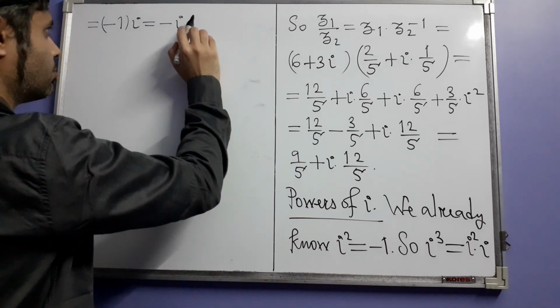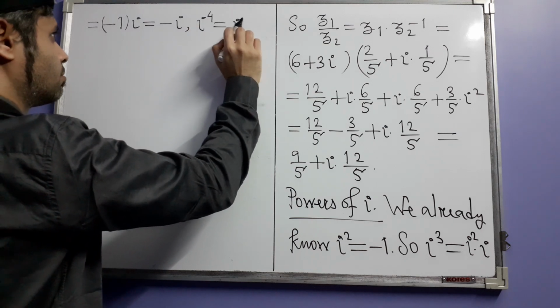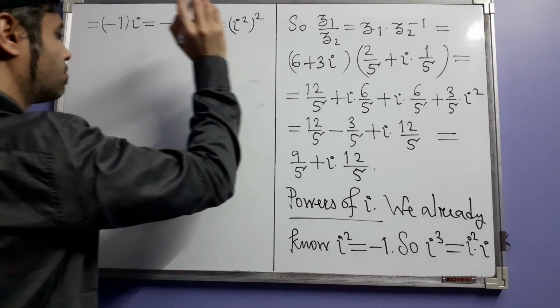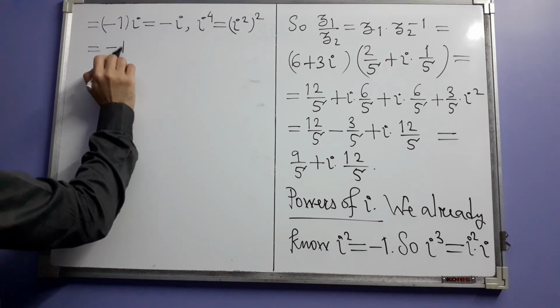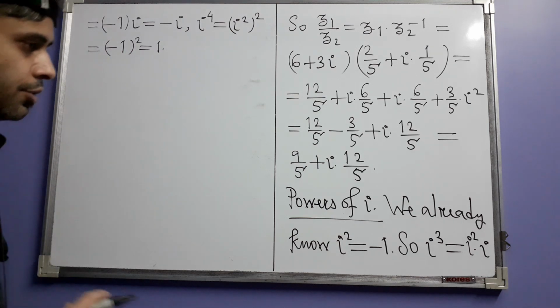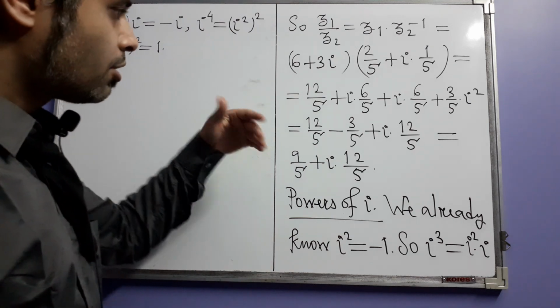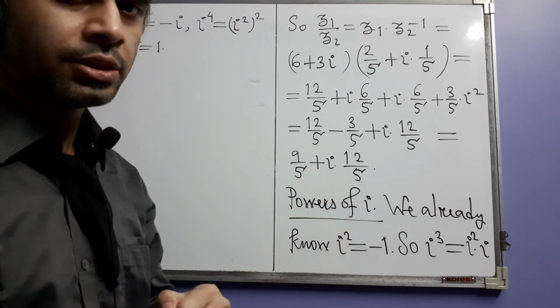Let us calculate one more power. i to the power 4, which is i square whole square, but i square is minus 1. So this ultimately becomes plus 1. You may be thinking that how long can we carry this on? I mean, higher and higher powers will continue to come.